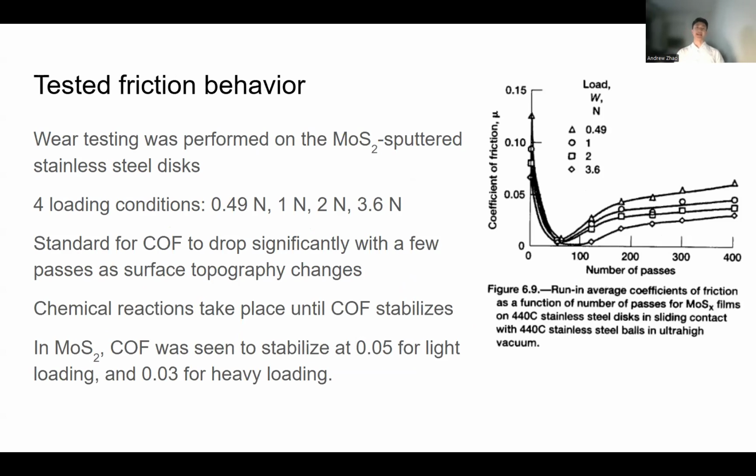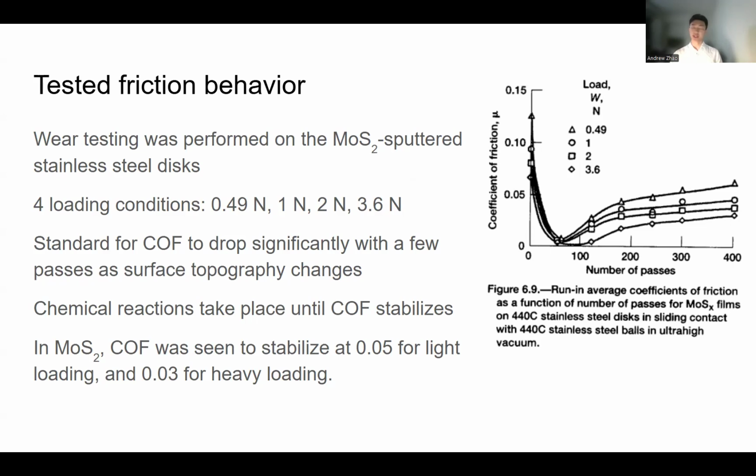So when NASA actually tested this molybdenum disulfide sputtered film, they sputtered the molybdenum disulfide onto stainless steel discs. They tested 4 loading conditions: about half a Newton, 1 Newton, 2 Newtons, and around 3.6 Newtons. You can see this here on the graph. On the x-axis is how many times the disc was rotated, and on the y-axis is the observed coefficient of friction.